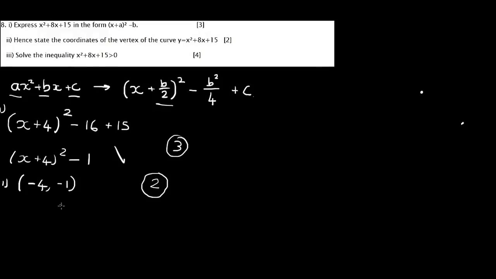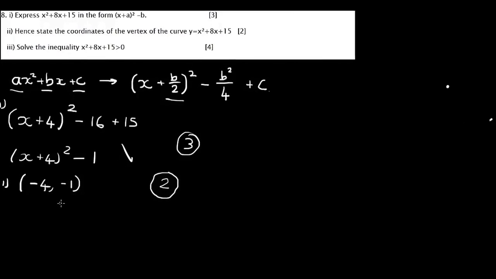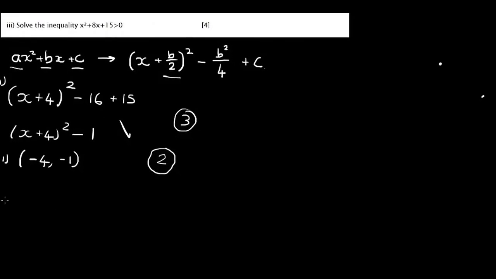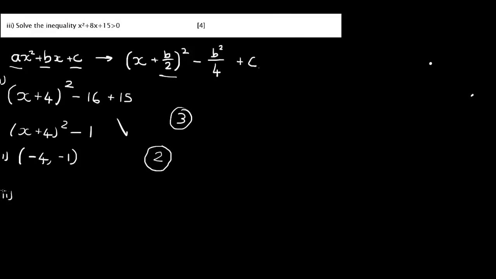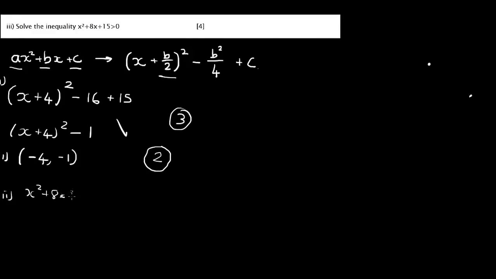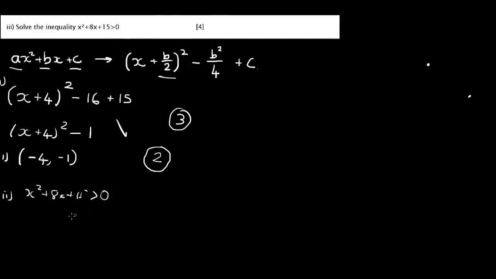Then part 3 says solve the inequality x squared plus 8x plus 15 is greater than 0. So we've got this expression now.